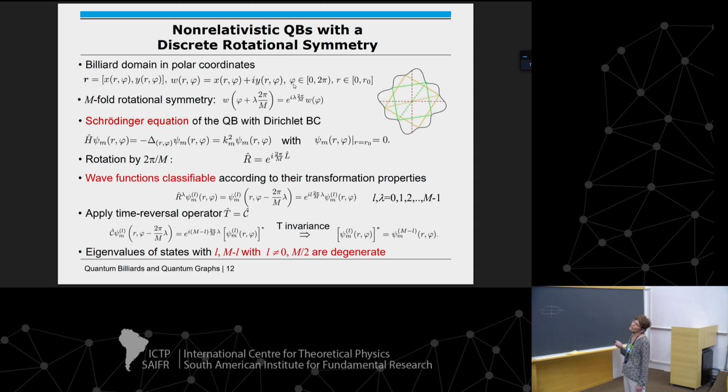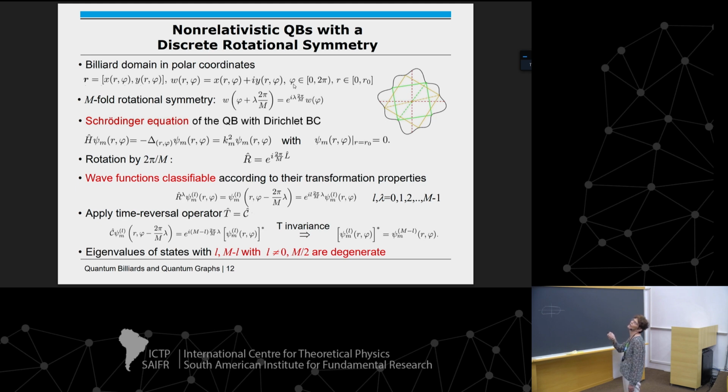Now, if you have an m-fold symmetry, here I have a 4-fold symmetry, this means that the boundary follows this law. If you change by angle 2 pi over m, then you get back the boundary with such a phase, so w of phi plus 2 pi over m is equal to this prefactor times w of phi.